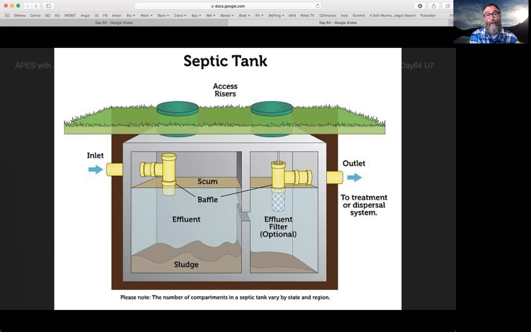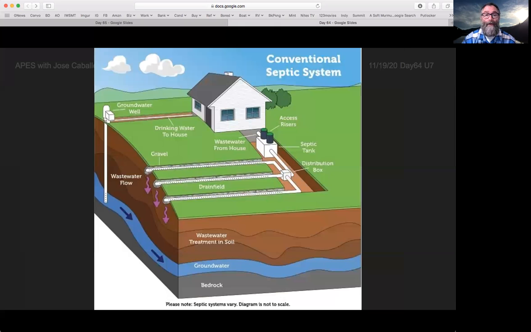And then when the water flows out, we assume, if everything worked right, that solids were removed by gravity and that organic compounds were broken down into nutrients. Primary and secondary treatment are embedded here. So everything that flows out should be, if everything's working right, nutrient-rich water.